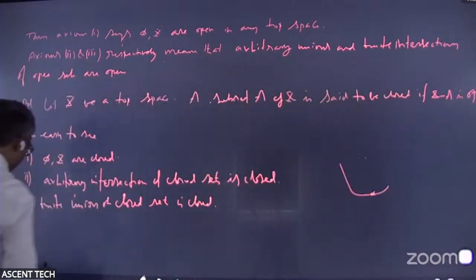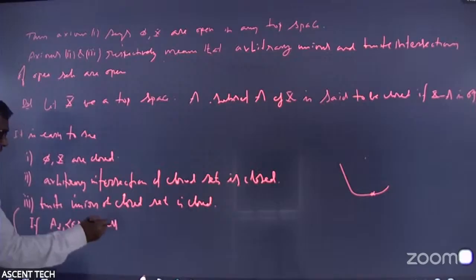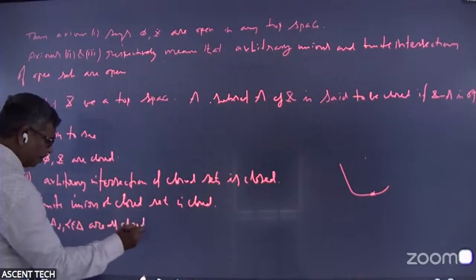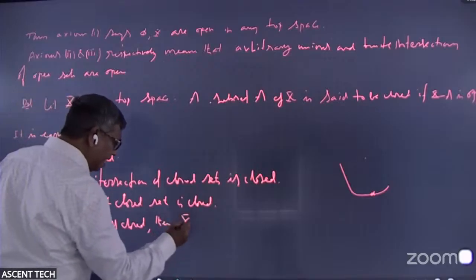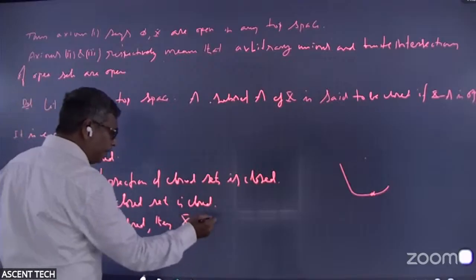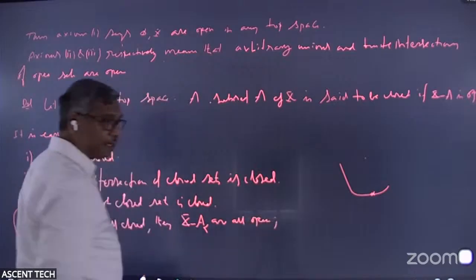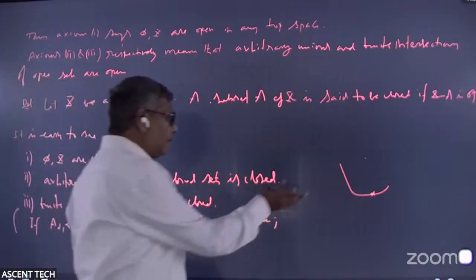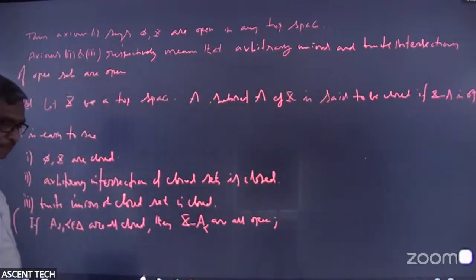Okay. So if A alpha, alpha in delta are all closed, then X minus A alpha are all open. Open sets means they are in the topology. If they are in the topology, then their union is also in the topology.